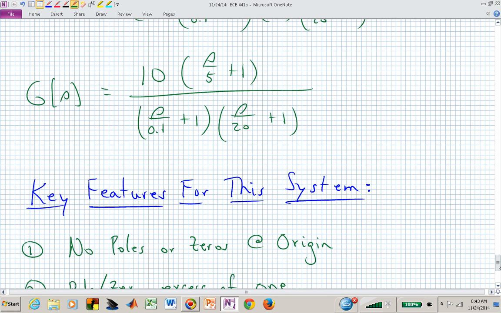For this particular system, where does our magnitude begin? And this is one of the nice things about putting this into time constant form. All of those factors now are not contributing any magnitude at low frequencies. At low frequencies, all of those s's we're replacing with j omega, but we're making omega really, really small.